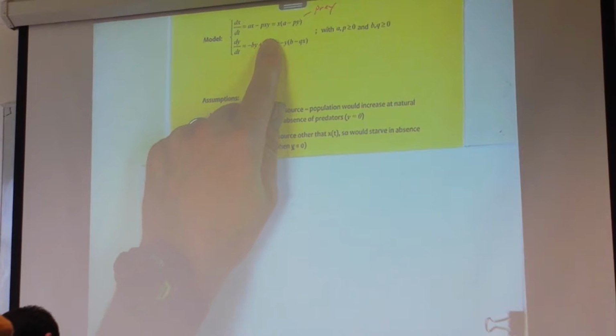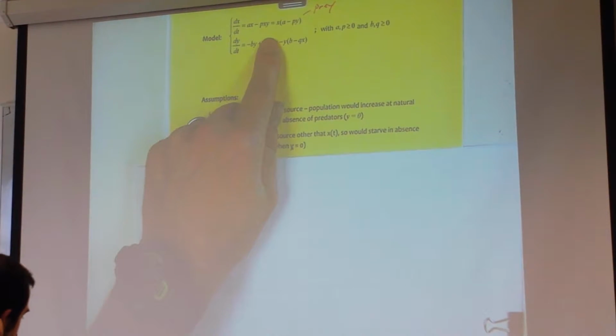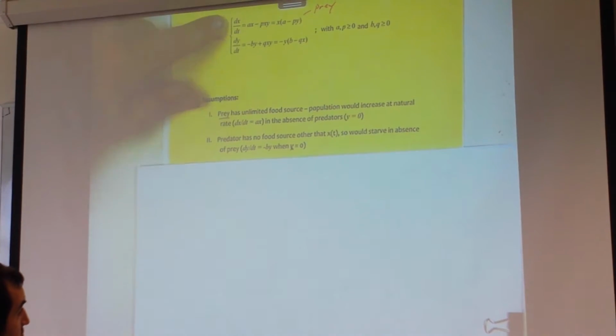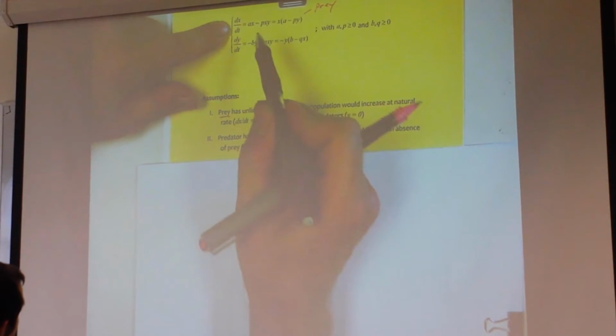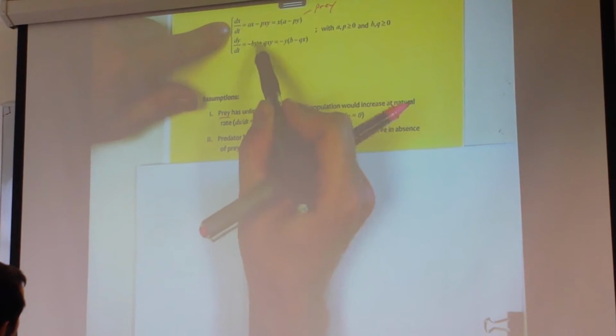So the population growth rate is negative. It's decreasing at a rate corresponding to how many are present. So eventually they die out. It would be exponentially decreasing. You get an e to the negative bt in your solution: initial population times e to the negative bt. So in the absence of prey, the predators would die out, whereas in the absence of predators, the prey would do very well. That explains the difference in the coefficients in that linear term out front.